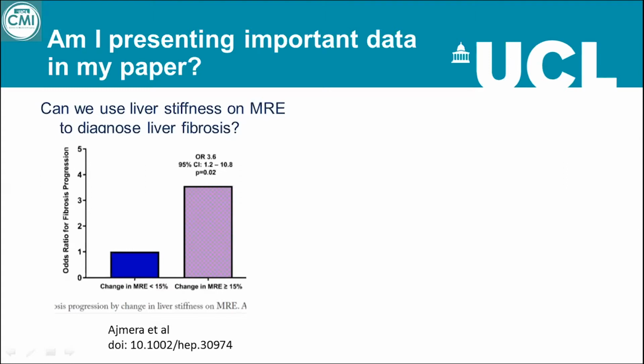The y-axis is an odds ratio for fibrosis progression. So they're saying that if you've got this larger change in the MRE score, you've got a higher odds ratio of having liver fibrosis, and the confidence intervals don't include 1, so that's statistically significant. The p-value is less than 0.05.